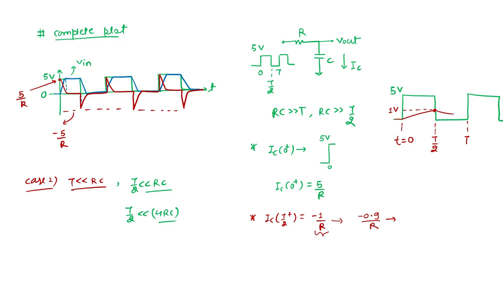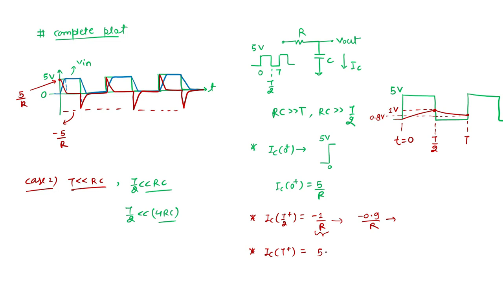Let's say it discharges to 0.8 volt, so let's call this node 0.8. My capacitor is discharged from 1 volt to 0.8 volt. Now what is the initial value of the current here, because my capacitor is already charged to 0.8? What is the current at t equal to T positive? Actually, the current here will be what?